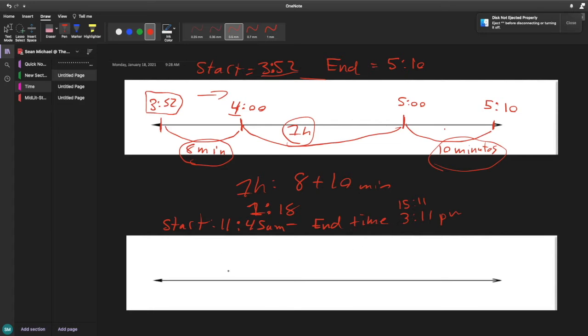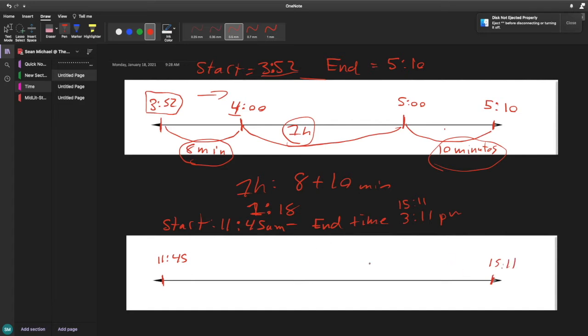So what we're going to want to do, right, is come here and make our start time 11:45, right? And then our end time all the way on this side, we're going to make it 15:11.